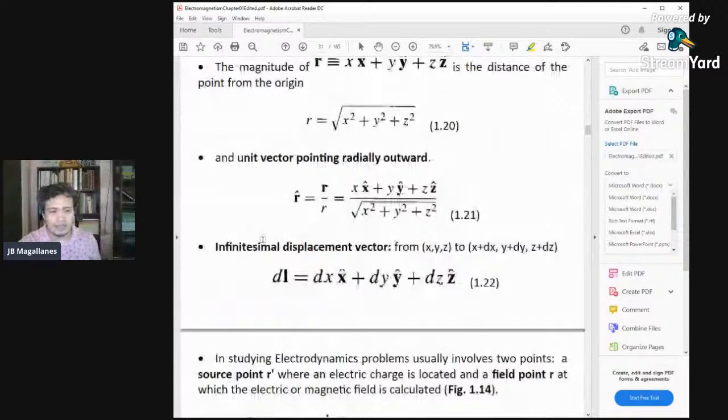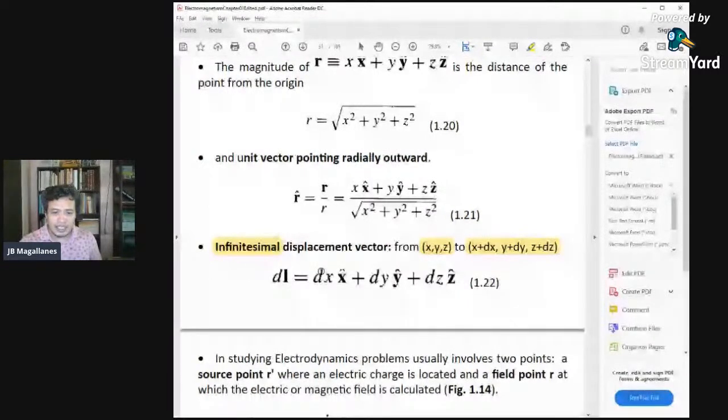Infinitesimal meaning very, very small. There will be a change in the displacement vector because you're now going from x, y, z to x plus dx, y plus dy, and z plus dz. So you're changing the position. There is an infinitesimal displacement there, represented by this.